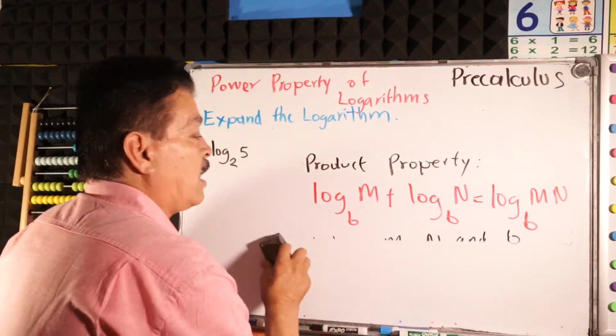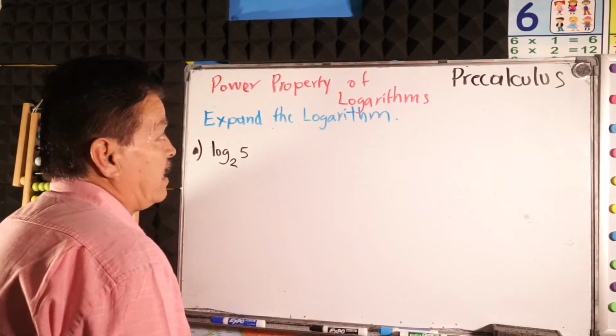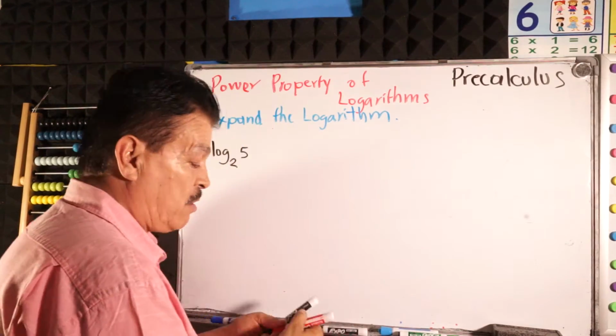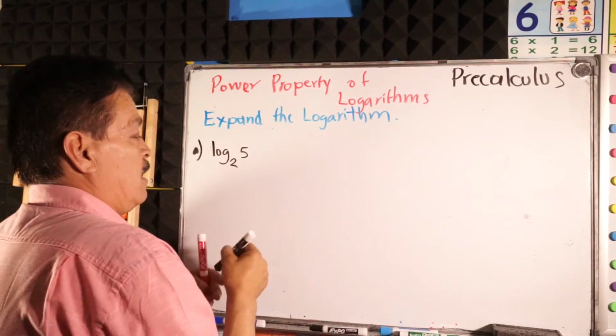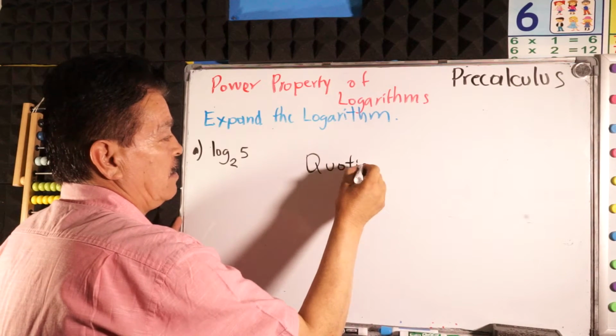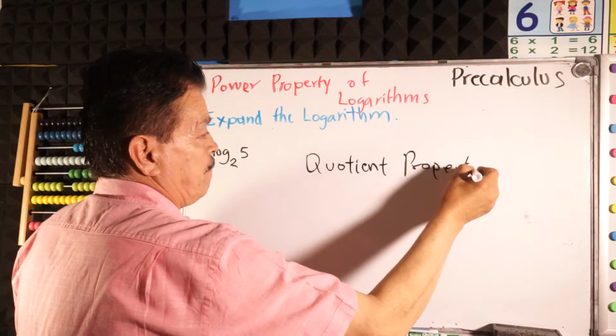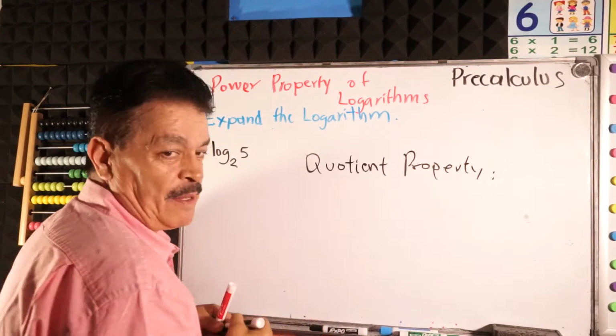Another one I would like to remember. This is very important right now. We are studying the properties of the logarithms. Another one is the quotient property. What do I mean by this?